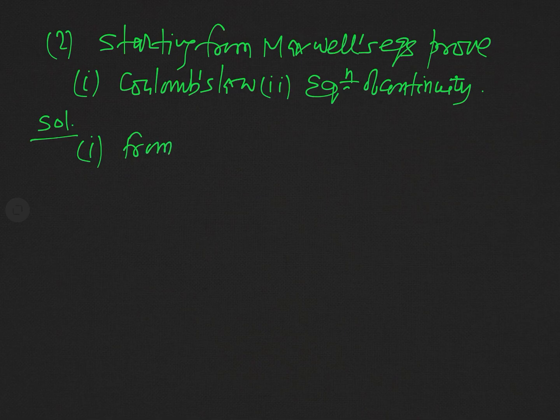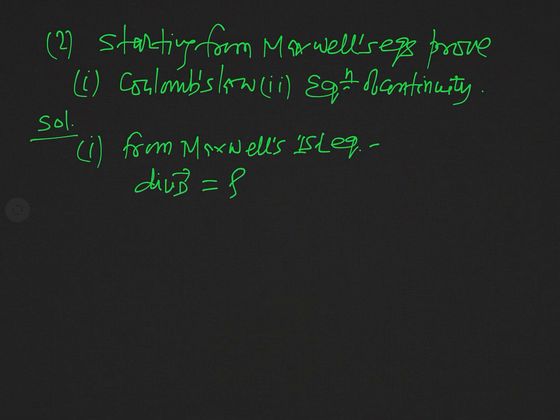From Maxwell's first equation, we know this is divergence D is equal to rho.